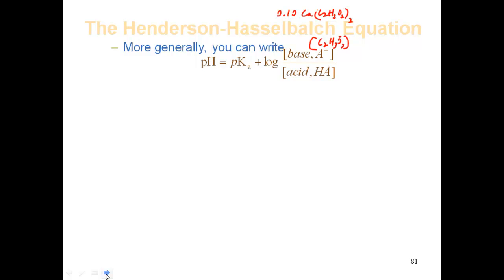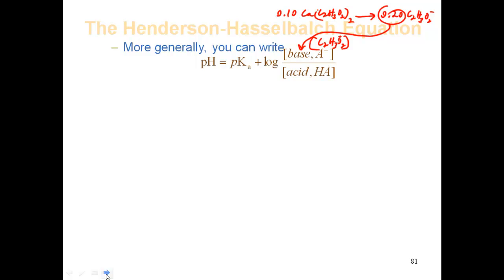It's 0.1 molarity of calcium acetate. For every one calcium acetate, how many acetates do I have? You have 2. So in other words, I may have 0.1 molarity calcium acetate, but I have 0.2 molarity of acetate ions. And that's the value I'm plugging in here. You need to keep that in mind when you use this equation.